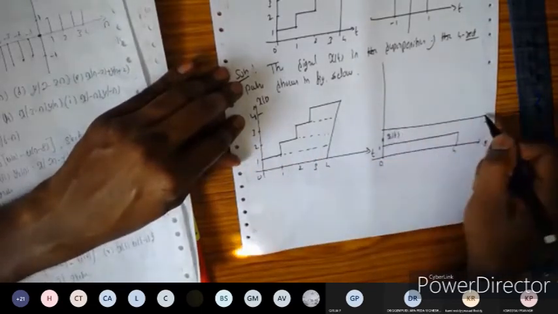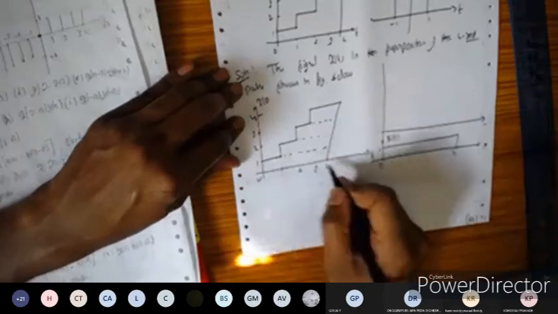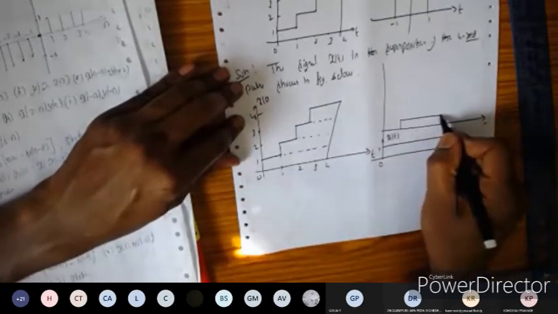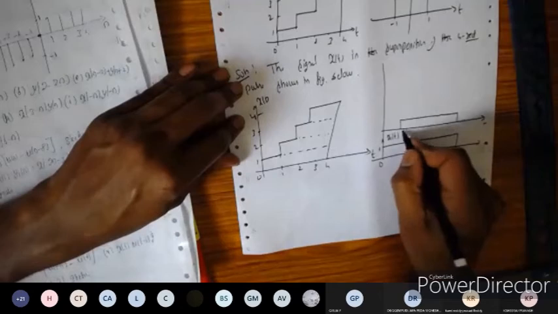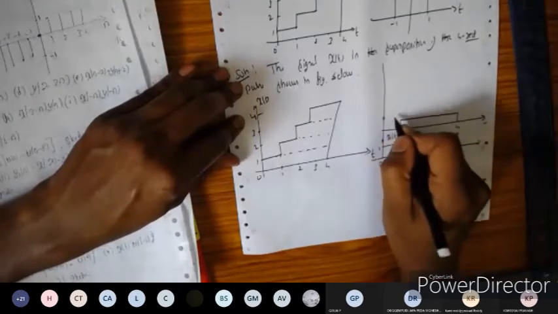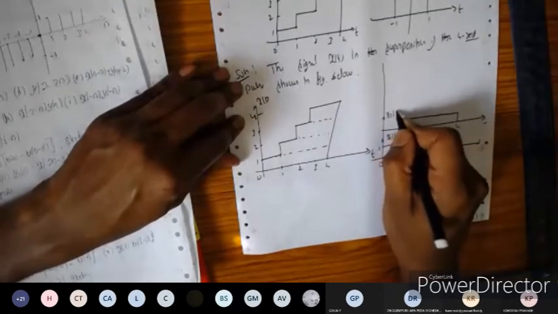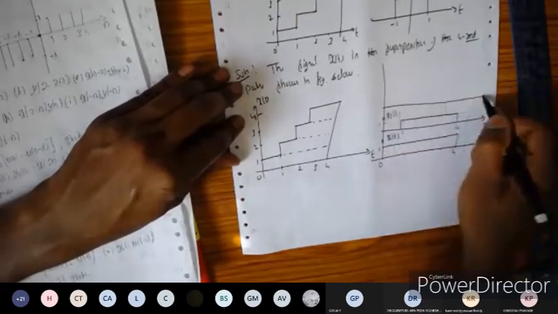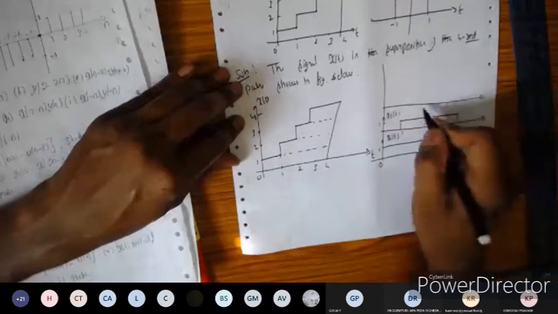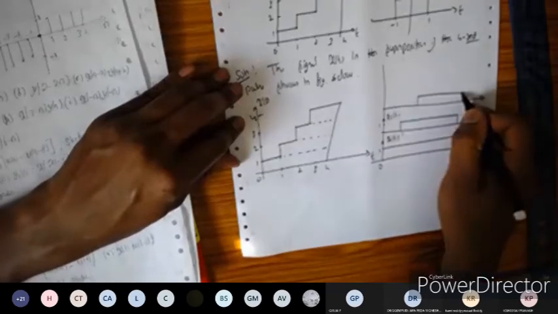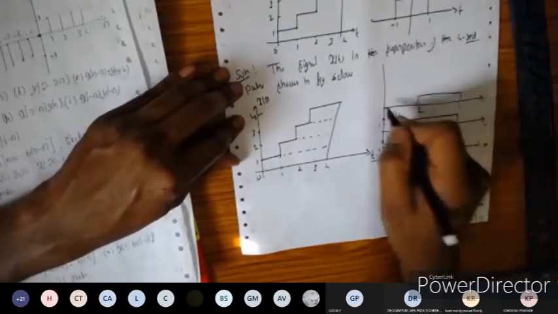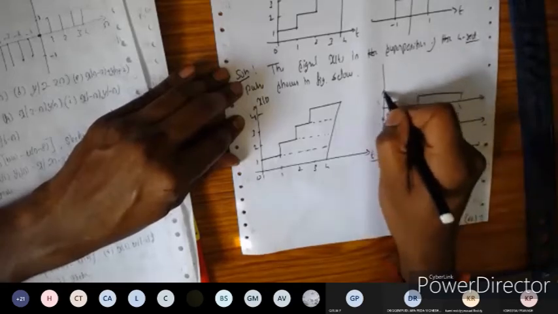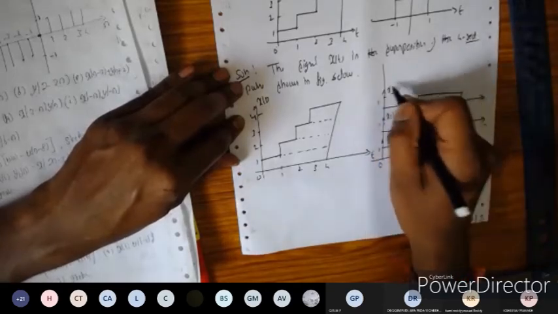The next one is from 1 to 4. I'm going to call this x2 of t, and the corresponding amplitude is 1. Similarly, the next one starts from 2 to 4, amplitude 1. This is x3 of t.